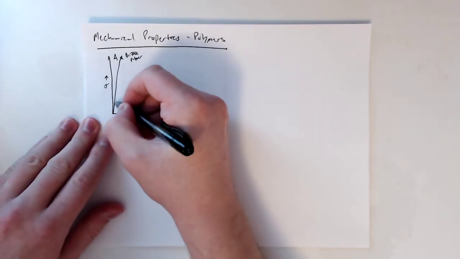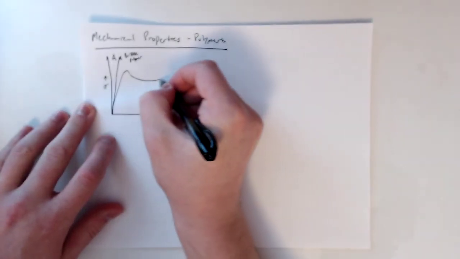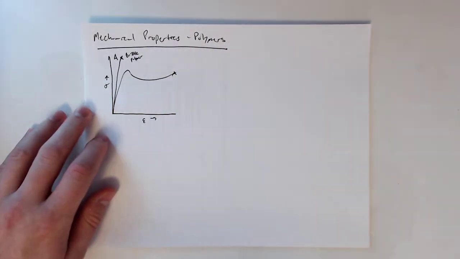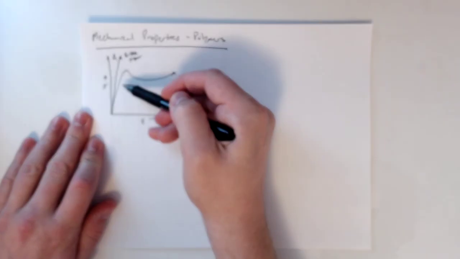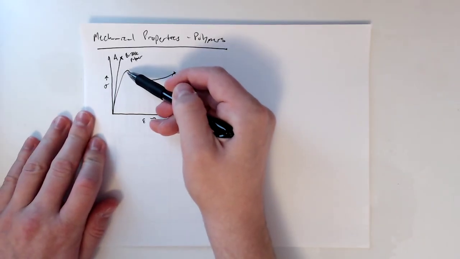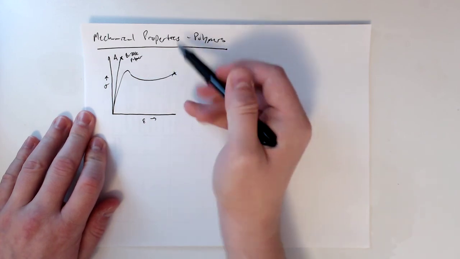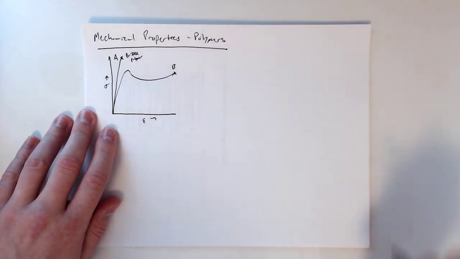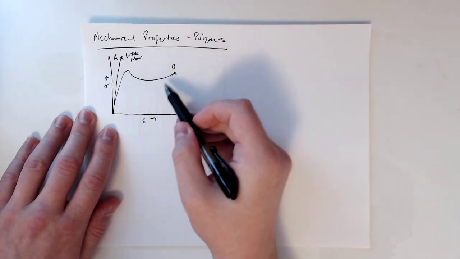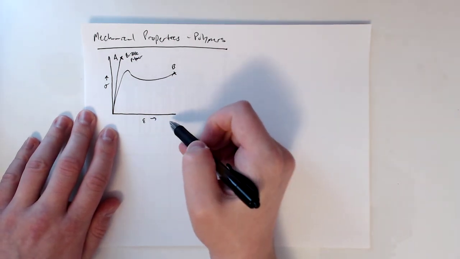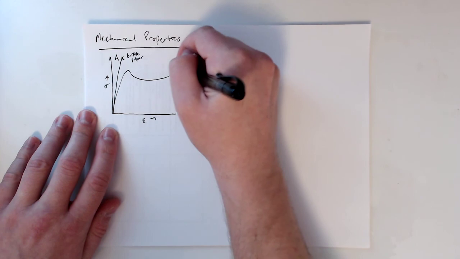Next, you might see something that looks like this. We see the more elastic region, and then we see this sort of yield, and then it dips down and it comes back up and it breaks. So this is B. In this case, we notice that there's quite a bit of strain, so this is fairly plastic.